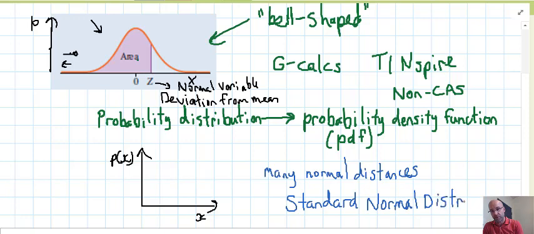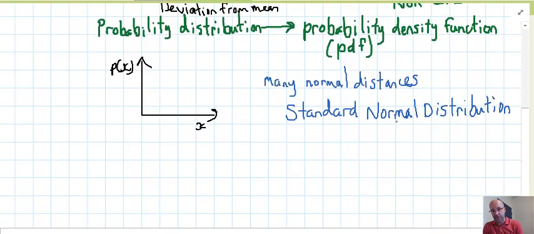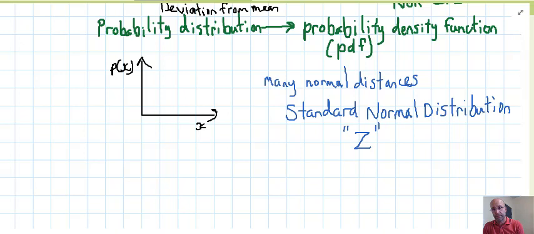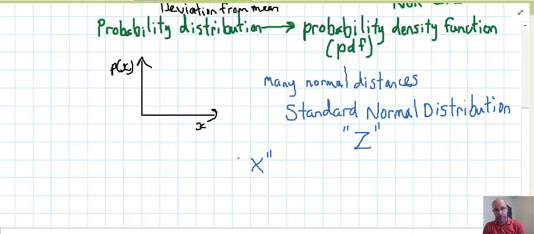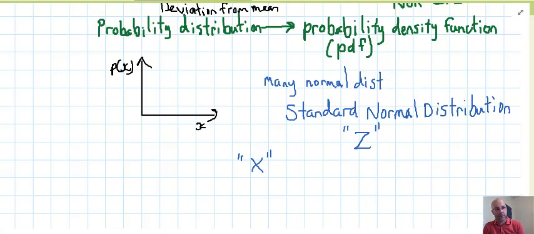So standard normal distribution, and that's the one that uses that symbol Z that I just spoke of. So that's denoted as Z, and that's what we're going to focus on mainly in this video. In further videos we'll be referring to X, which is a different type of normal distribution, and I've just seen that I've written the word distance there. How weird. Okay. So let me put in distribution.